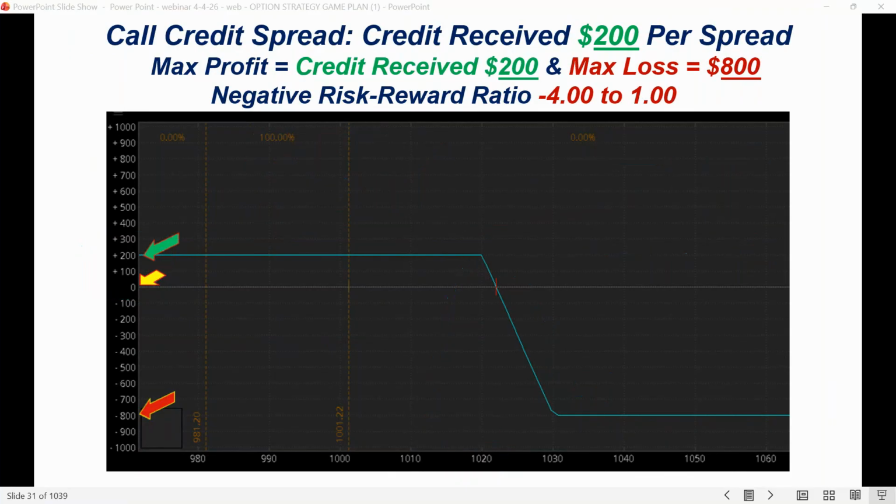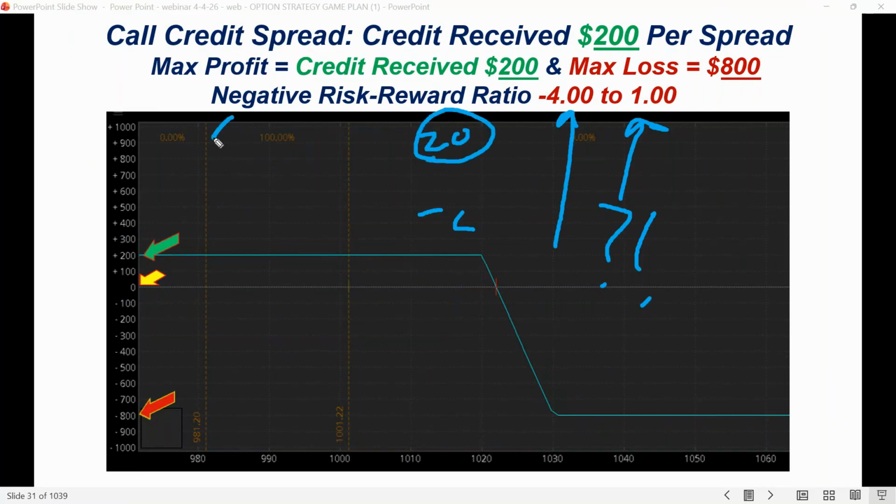So if you look at this, this has that negative risk ratio. You're risking $4 to make $1. So you're like, why in the heck would I ever do that? That's because it's probability. Let's say this 10.20 strike here that you sold, that call that you sold, had a delta of 20, right?